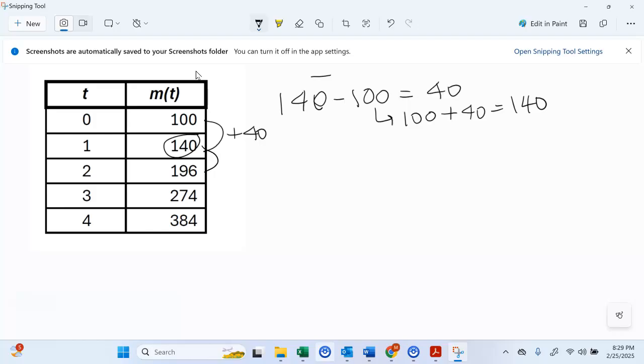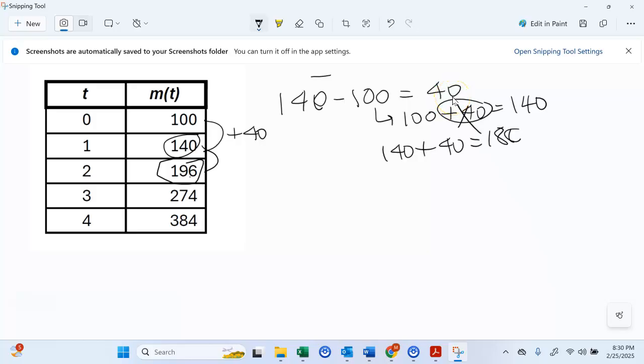So if I go 140 plus the same 40, that equals 180. Is that what it is? It's not 180, it's 196. Okay, so that does not match. So it's not plus 40.